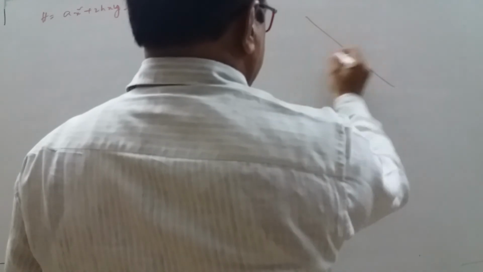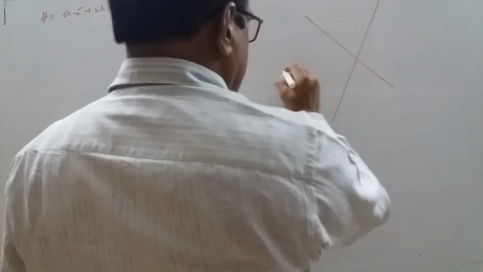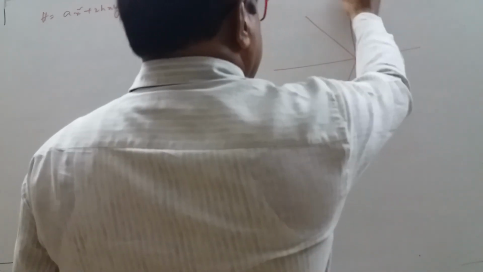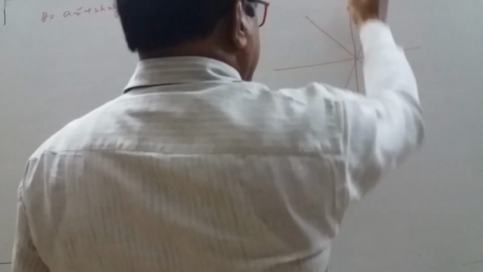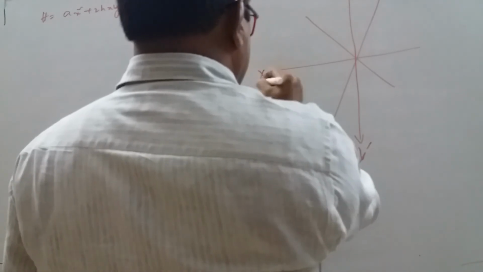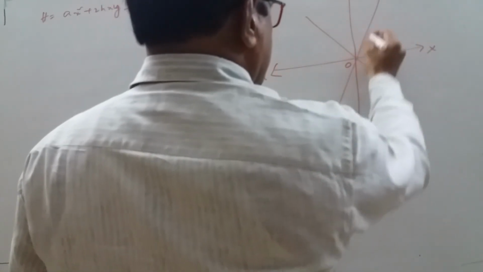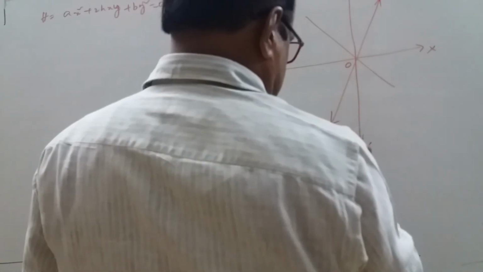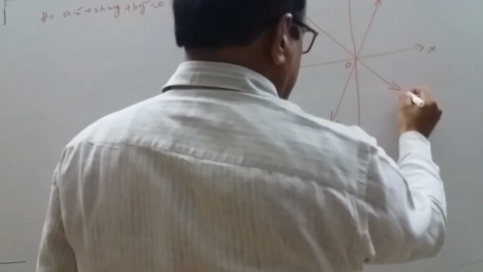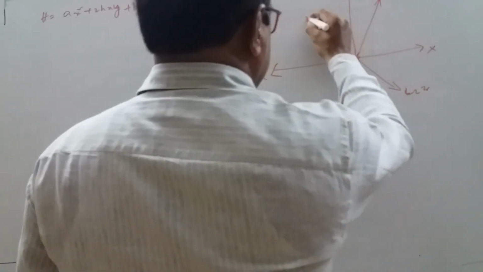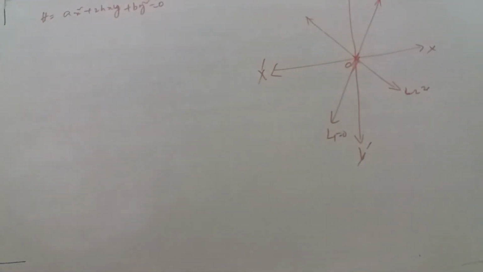If these two straight lines are like this, passing through the origin, with x, y, x dash, y dash axes, this is the origin. If this is the combined equation L1 = 0 and L2 = 0, which are passing through the origin.